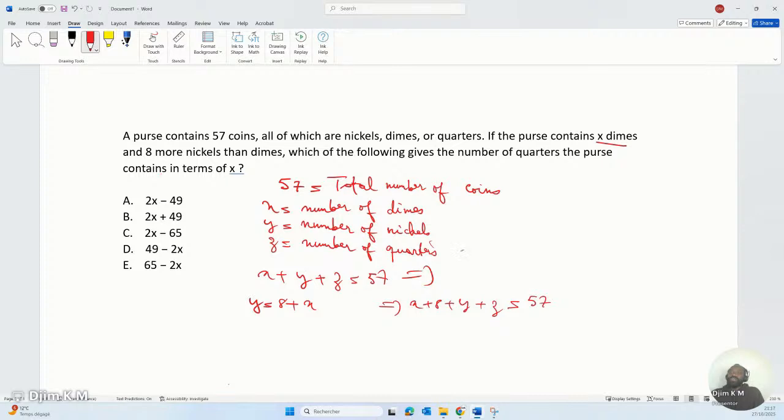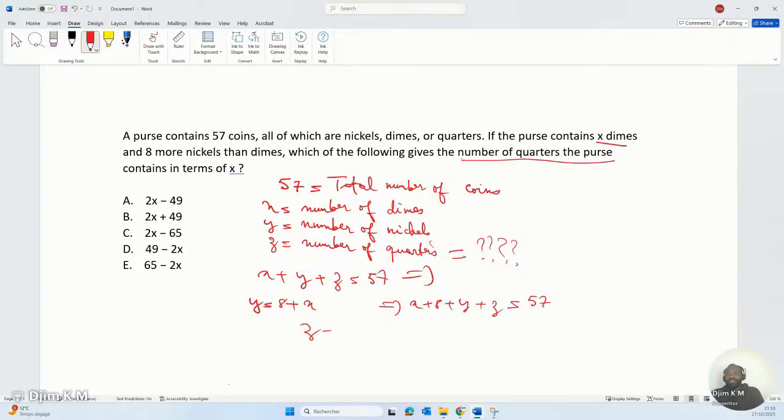So we need to find the number of quarters, okay? That's the question here. The question says, which of the following gives the number of quarters the purse contains in terms of X? So the number of quarters is Z, as we said.